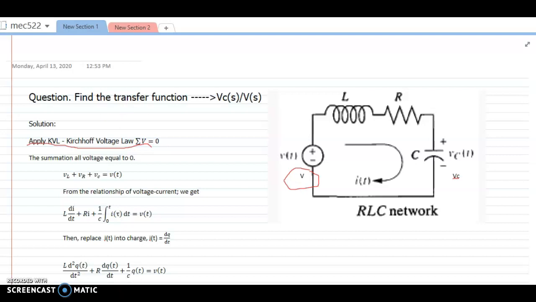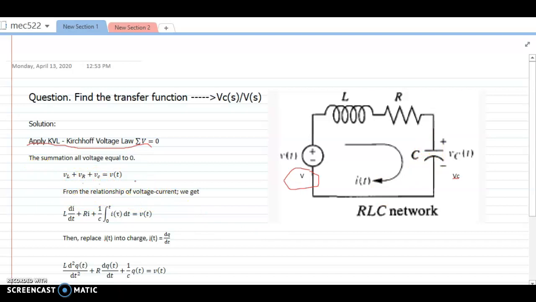Based on the figure, you find that VL plus VR plus VC equals V(t). This is plus minus, which is why you get this equation.